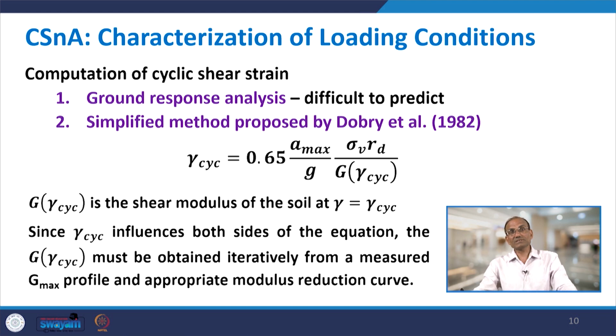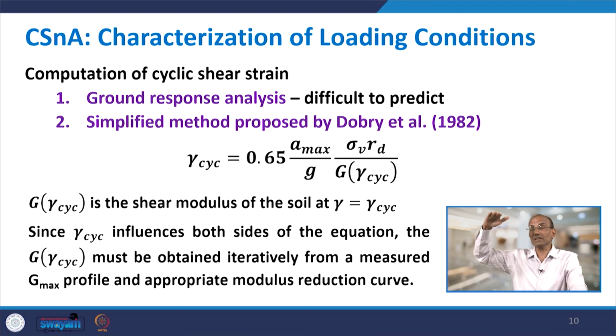Using the simplified method proposed by Dobry et al. in 1982, an equation has been proposed to calculate the cyclic shear strain: γ_cyc = 0.65 (a_max/g) (σ_v/G) r_d, where σ_v is the total overburden pressure, not the effective overburden pressure, and r_d is the reduction factor which varies with depth.